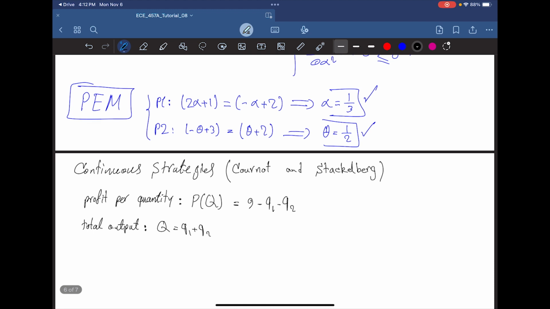And then we have the marginal cost per marketing. So the marginal cost here is a function.